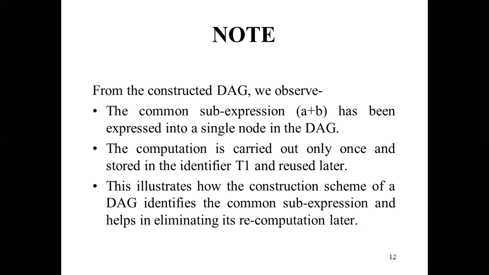You are considering the temporary variable T1, and again you can reuse that, like T2 is equal to T1 plus b, and then T3 is equal to T1 into T2 and so on. So a long expression you are reducing in the form of T1, T2, T3 along with the operators. So this illustrates how the construction scheme of a DAG identifies the common sub expression.